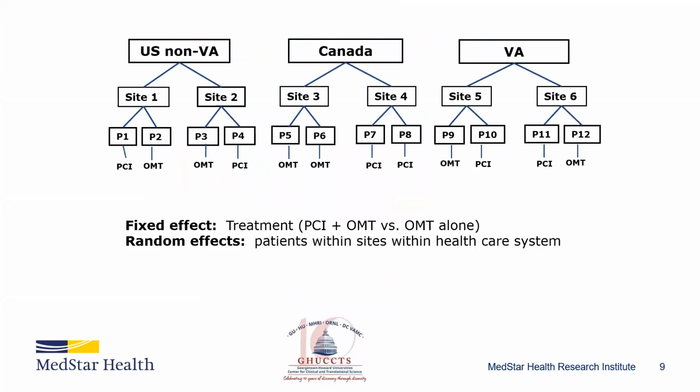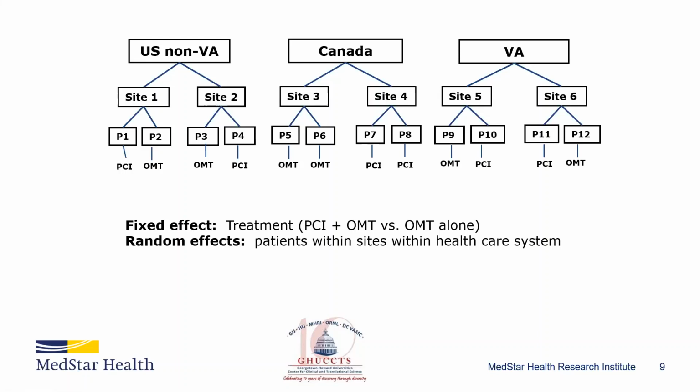And this is a little schematic to illustrate the concept of fixed and random effects. So we have the different healthcare systems, and then within each healthcare system, you had any number of institutions or participating sites.